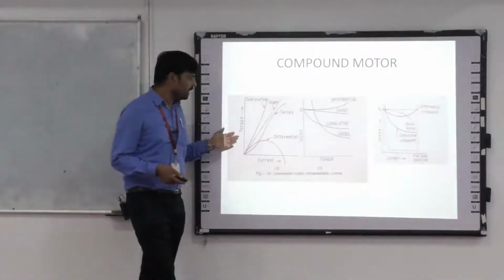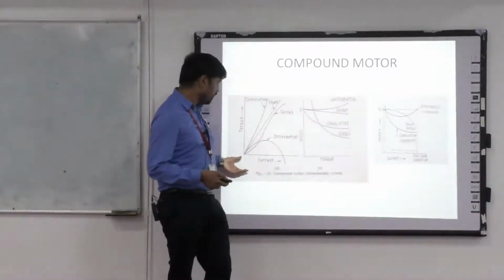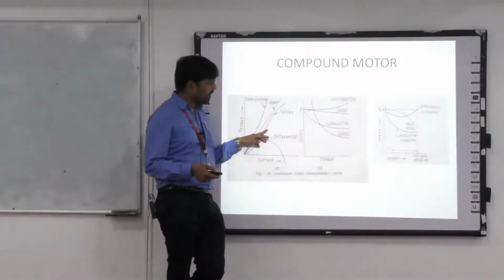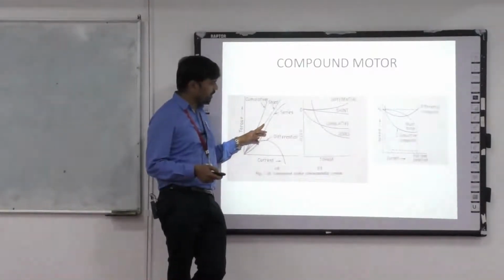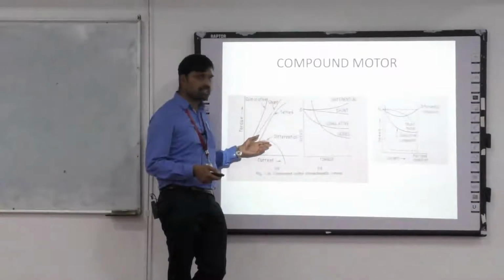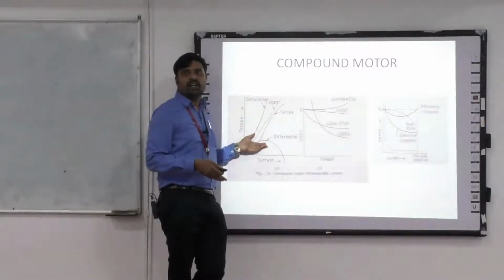So you see different characteristics here, the torque speed characteristics and the torque current characteristics. You see how it operates as a series motor, as a shunt motor, when the two fluxes are added together, and when the two fluxes are subtracted. So this is the whole characteristics of a DC motor.